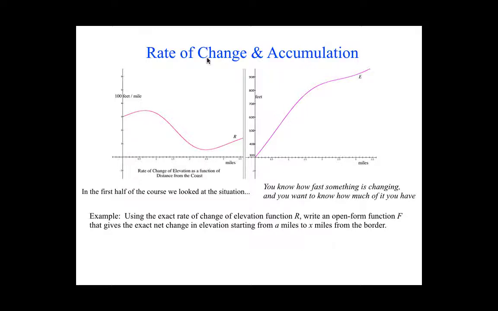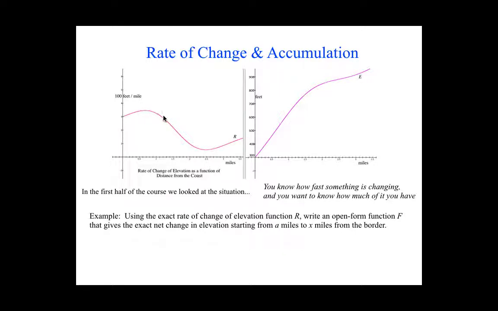Using the exact rate of change function, R, on the left here we've got a rate of change of elevation as a function of distance from the coast. This is the rate, not in miles per hour, but in 100 feet per mile. So this starts at a rate of 3, meaning 300 feet per mile, right at the coast.